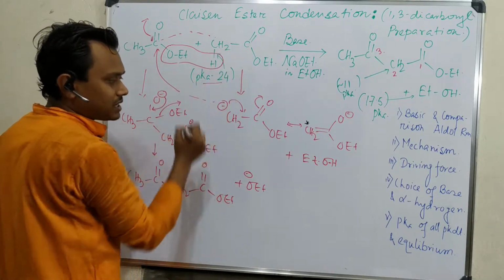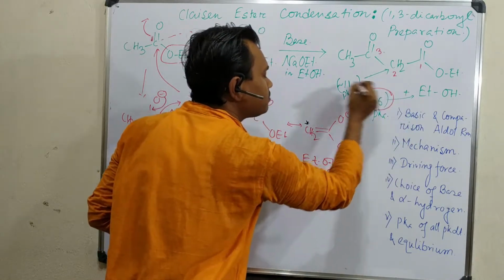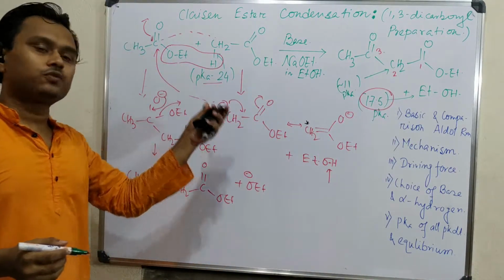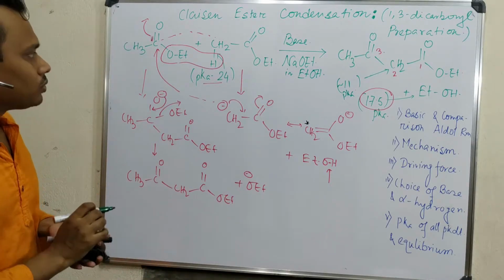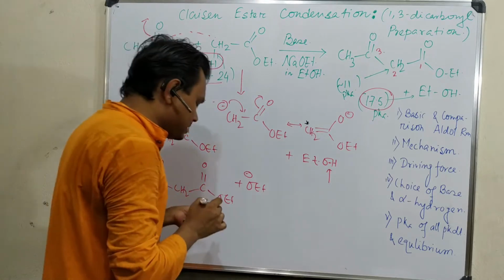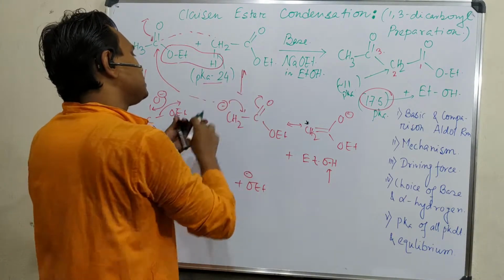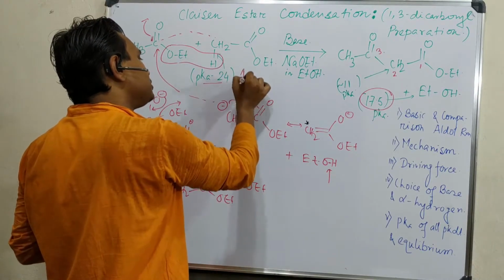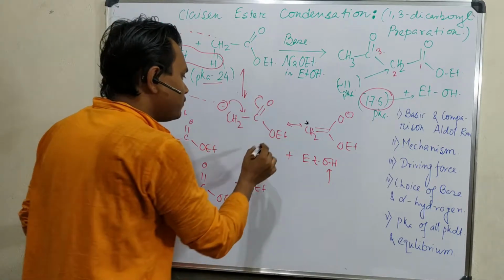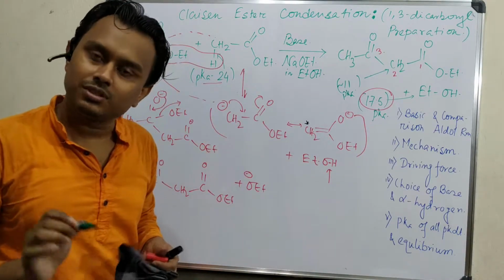This is the acid right now, and what is produced has a pKa of around 17.5. So we can see a weak acid is converted to a stronger acid, which is not a very favorable equilibrium. So it is expected that the majority of this equilibrium will remain on the backside, meaning a very small amount of this carbanion, the enolate, will be present in the reaction medium.